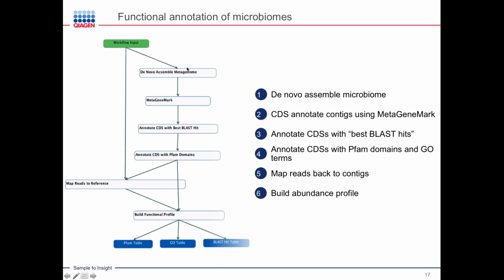Now that's all fine. So now we have our metagenome contigs annotated with genes and function, and then all we're missing is the abundance of each of those functions that we found. So now we map the reads, the original metagenome reads, back to our contigs or back to the functions that we found, and finally we build a functional profile.